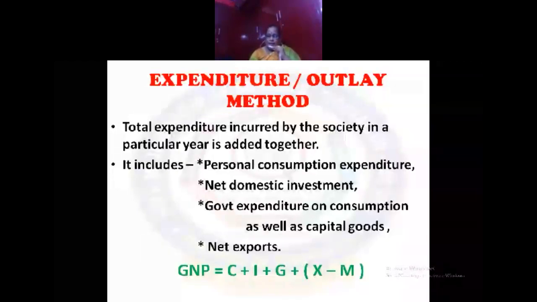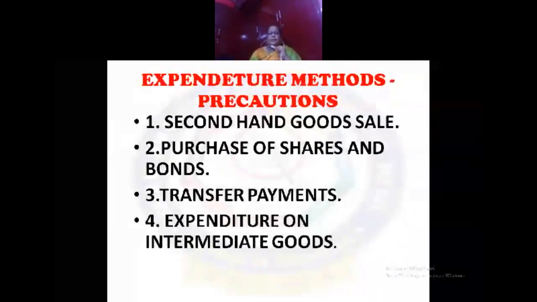C is nothing but private consumption expenditure. I denotes private investment expenditure. G denotes government expenditure. X minus M denotes net exports. What are the precautions to be taken in expenditure or outlay method? There are 4 points.